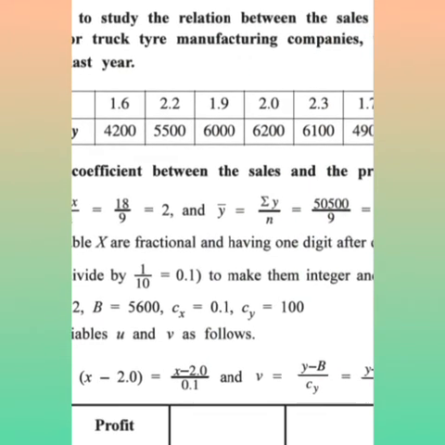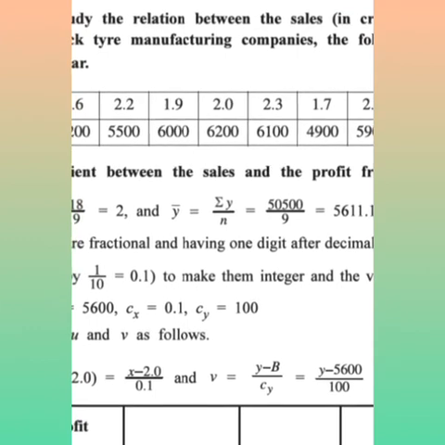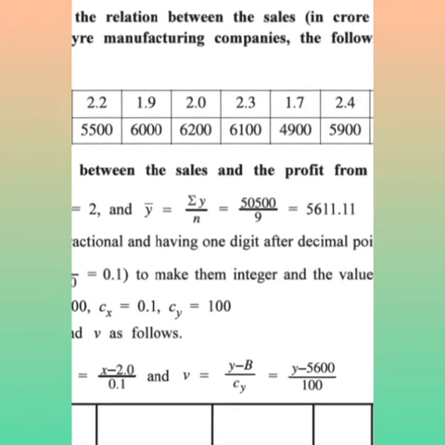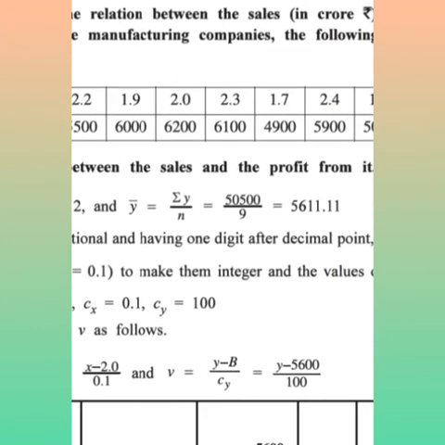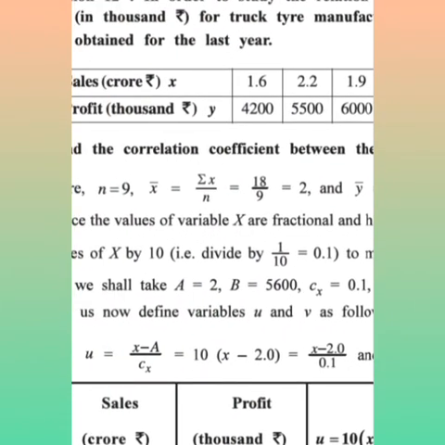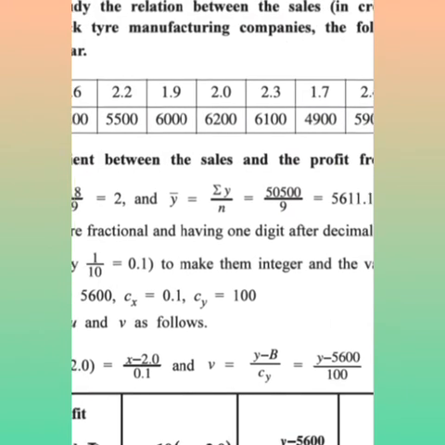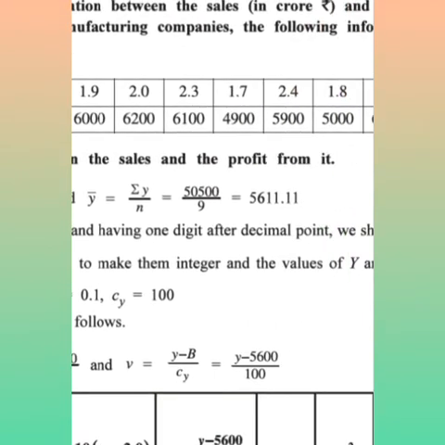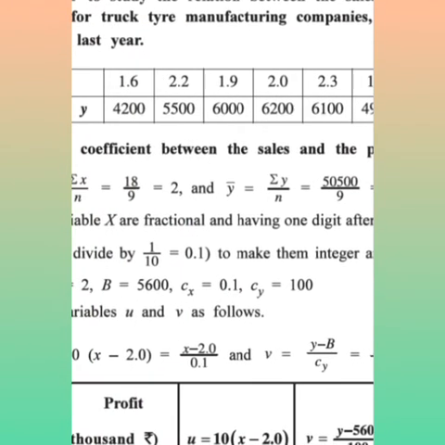Similarly, you would find for y bar, the total is coming up to 50,500 divided by 9 is coming up to 5611. Again, children, over here, one of the means is without decimal and the other mean is with decimal. That's why we can't use the first method for correlation coefficient. Now go for x and y.